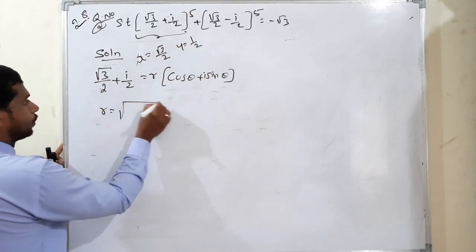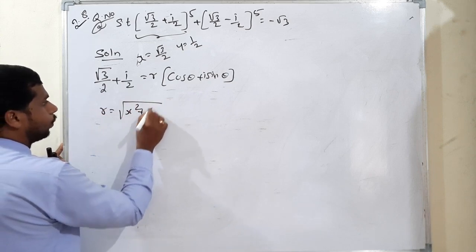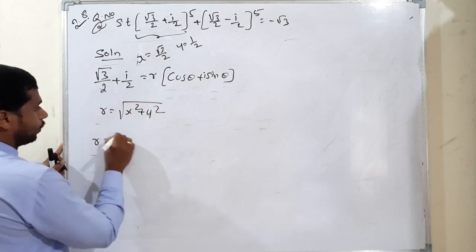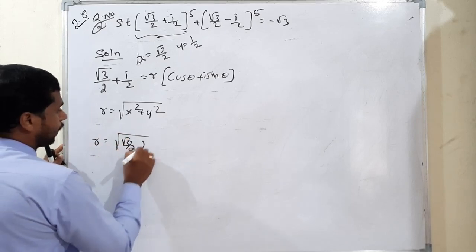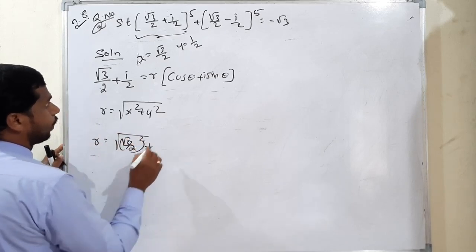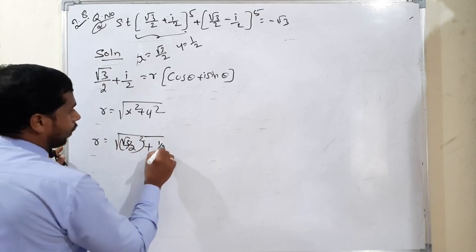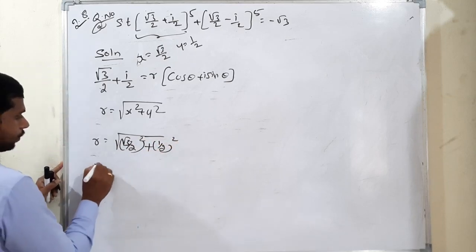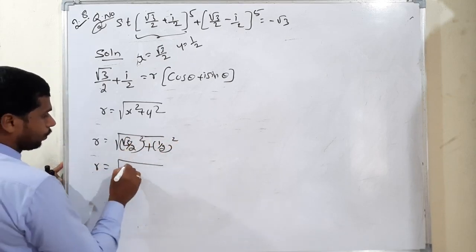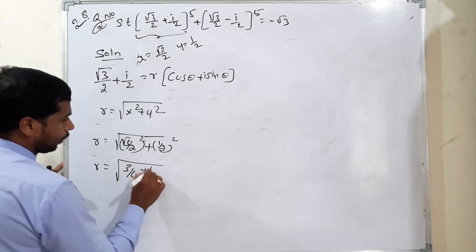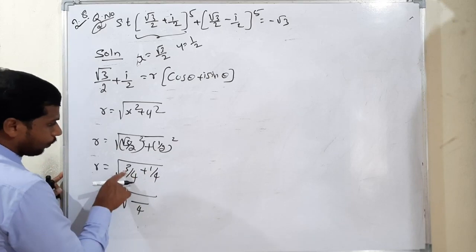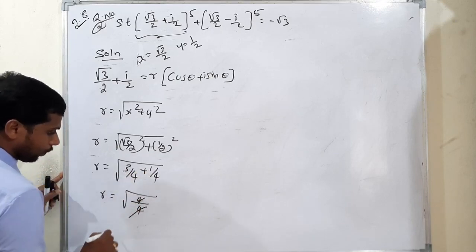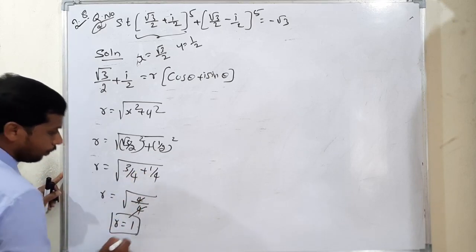So r is equal to the square root of x squared plus y squared, which is (root 3 by 2) the whole squared plus (1 by 2) the whole squared. So r is equal to 3 by 4 plus 1 by 4. With common denominator 4, 3 plus 1 is 4. So 4 cancels, therefore the r value will be 1.